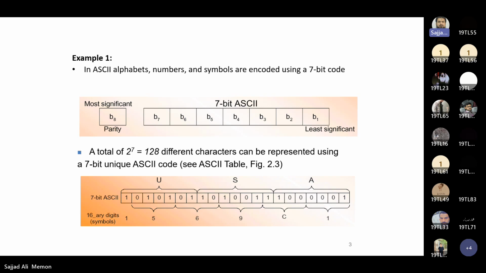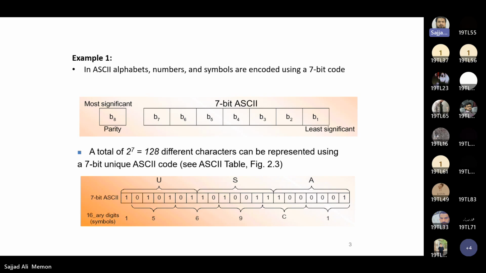Next step is to convert this 7-bit ASCII code into 16 array digits, basically the hexadecimal number, that is 2 power 4, where we will make groups of 4 bits. So this is 7, 7, and 7, that is 21. So 21 divided by 4, we can have 5 groups and 1 bit extra.